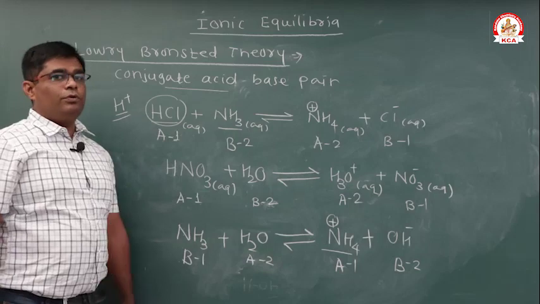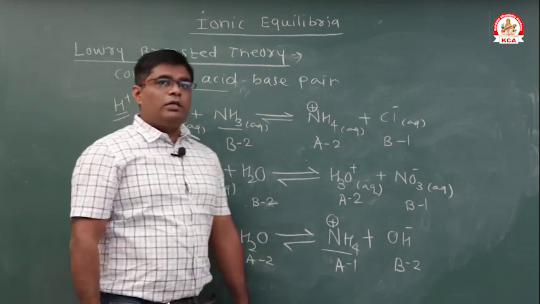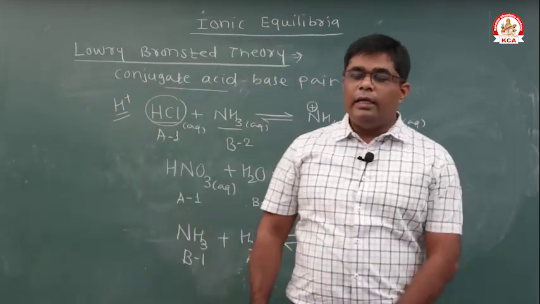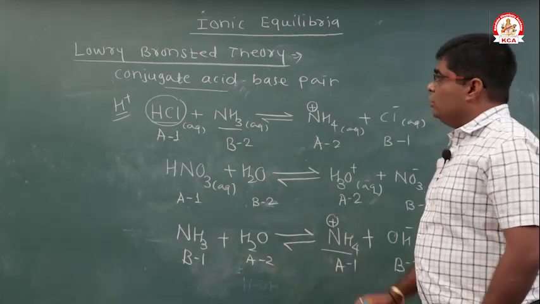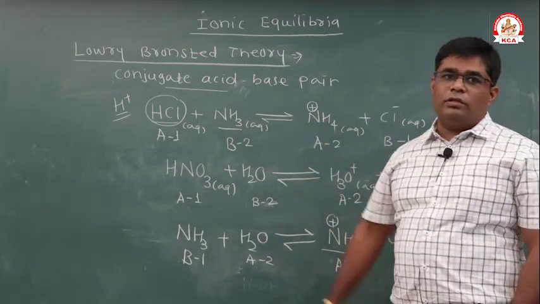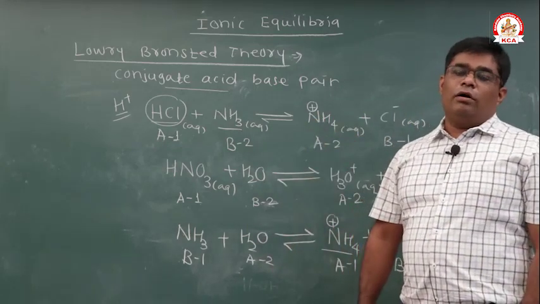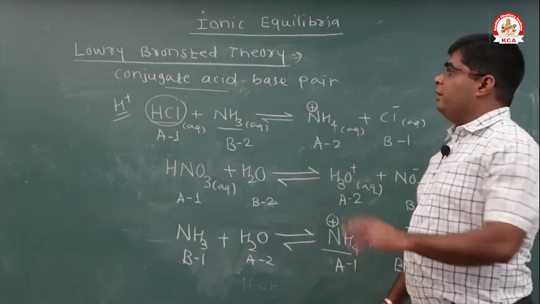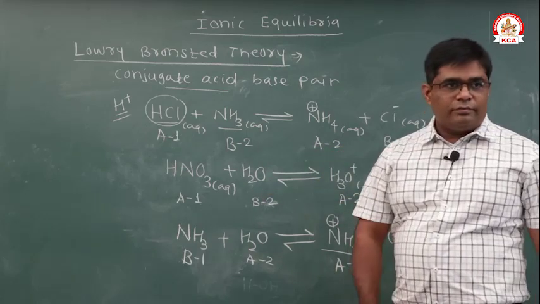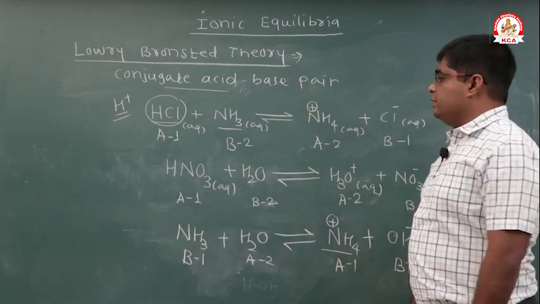So always remember, what is the conjugate acid base pair? A pair of acid and base which can be formed from each other by donating or accepting the proton. So they differ by the number of protons.